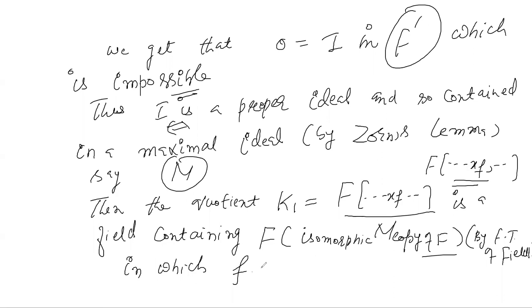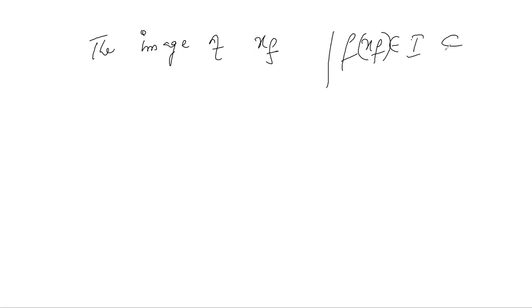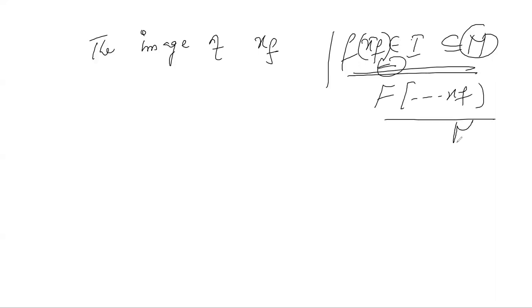And what is the root? The root is nothing but the image of this variable x_f, because f(x_f) belongs to I, and I is contained in M, so f(x_f) would become 0 in this quotient F[x_f, ...] modulo M.